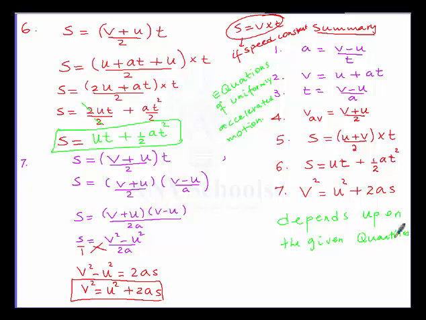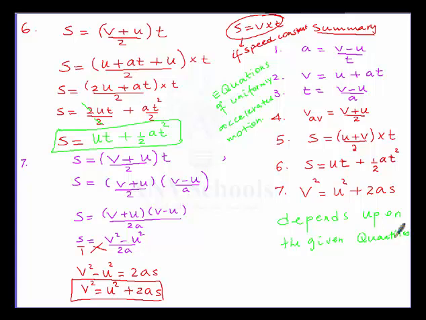So what we have to do is remember all these formulas, look at the given quantities, then continue solving for the required one. So here what you have to know is, first, we use these formulas if and only if the value of acceleration remains constant. Second, which formula to use depends upon the given quantities.